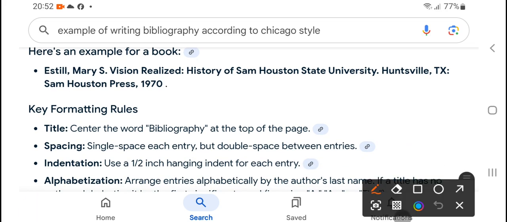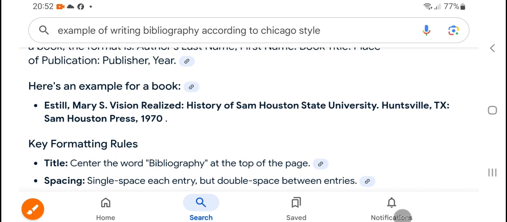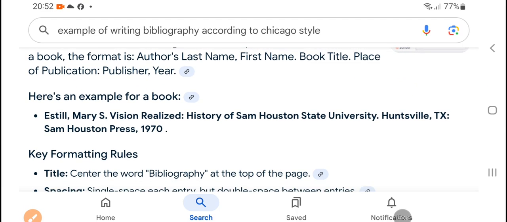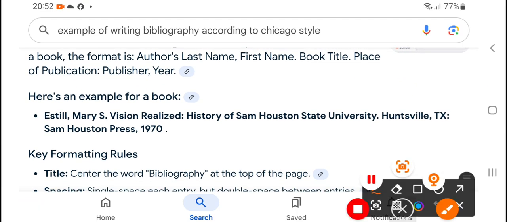For example, Estelle, the surname, Mary S, that is the first name, right? So the surname is the last name. Here you can do the comparison.